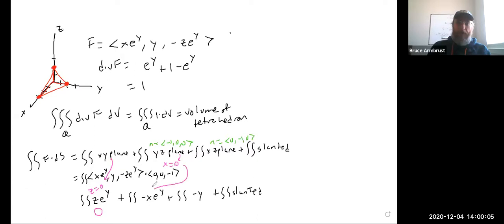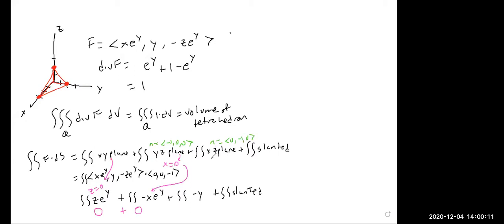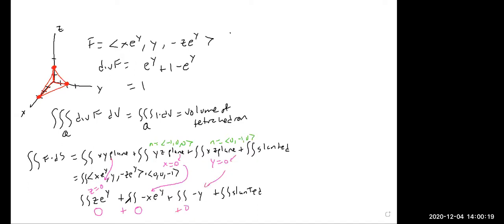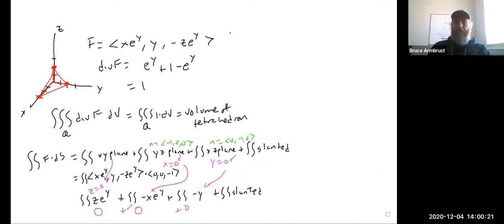If x equals 0 here, what does that integral give me? 0. XZ plane, y equals 0, so 0. Whatever variable is missing is the 0. Exactly.